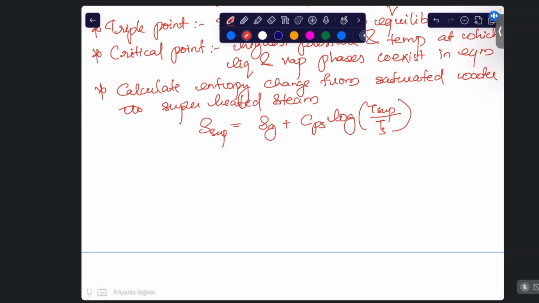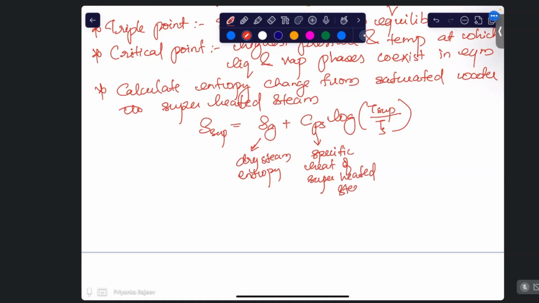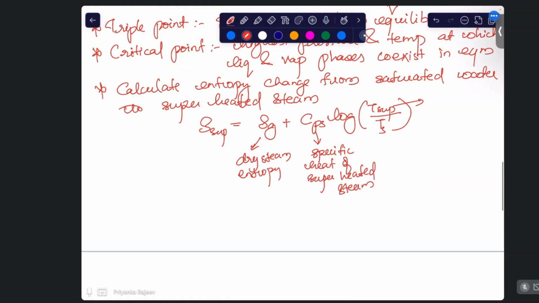Here Sg is dry steam entropy, Cp is specific heat of superheated steam, T is superheated steam temperature, and the other one is saturation temperature. So that's about it.